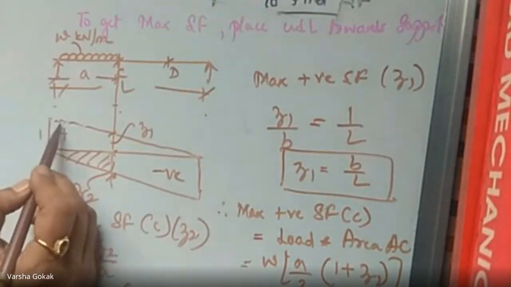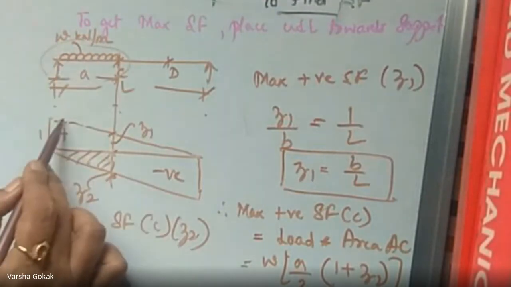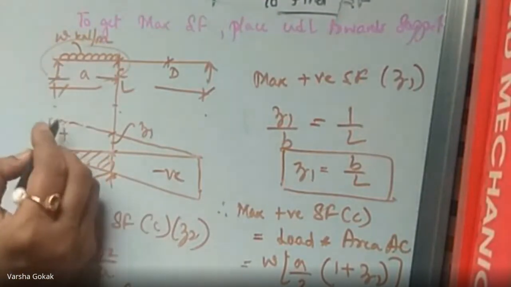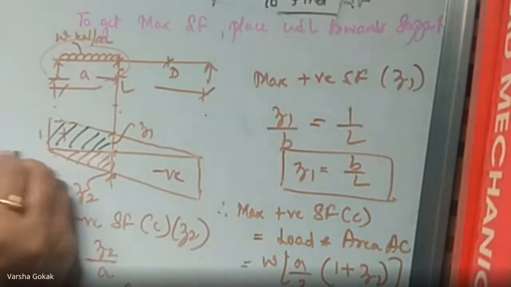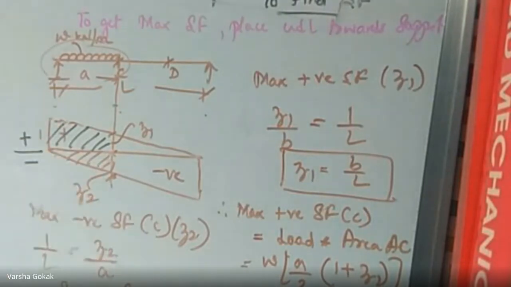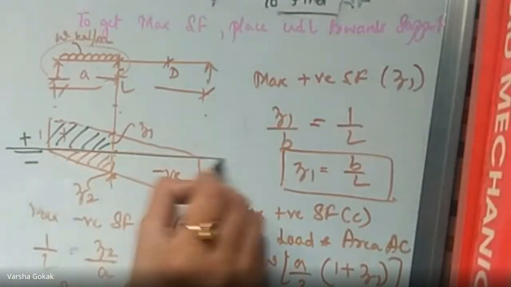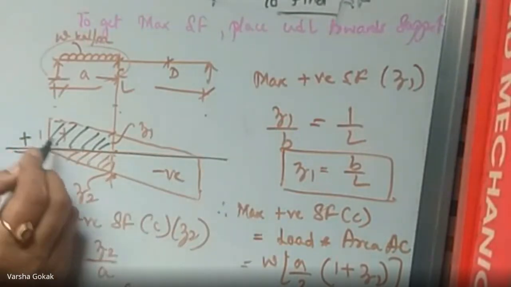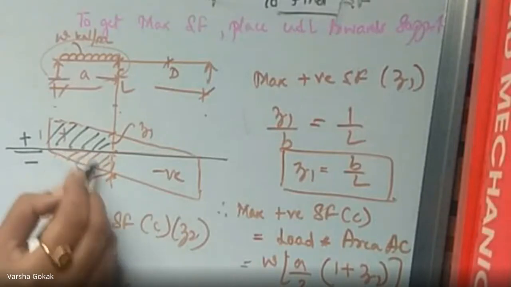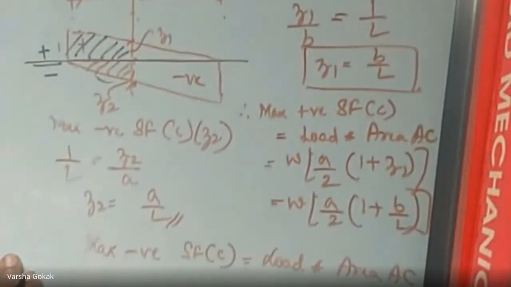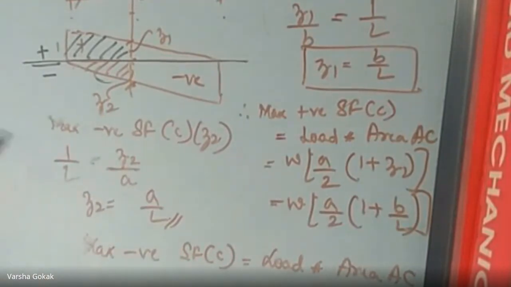Your UDL is in this region, so I will be more interested in this area and this area. Above this reference line is positive, below this line is negative. When I'm taking the maximum positive shear force, I will take the area of this. When I'm taking the maximum negative shear force, I'll take the area of this. So this is about your maximum positive and maximum negative shear force that is possible because of this UDL.